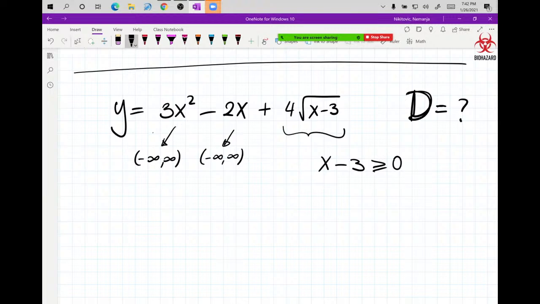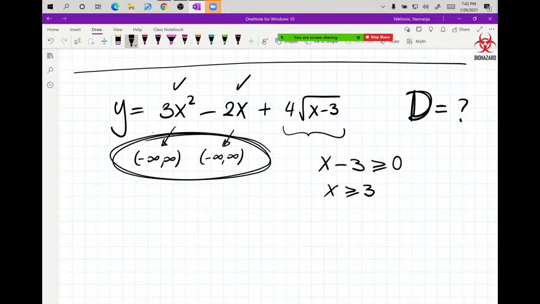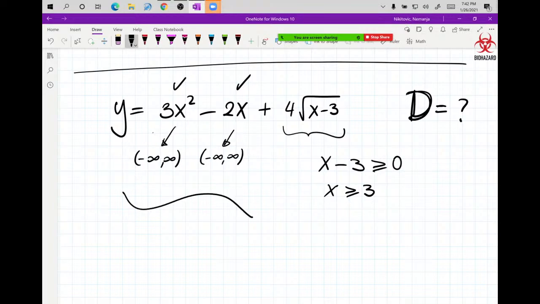And you move 3 to the other side, x larger or equal than 3. So the first two functions that are part of this big function are okay with everything. This one can only operate if you give it a number 3 or bigger. So when you combine all 3 together, the domain is 3 to infinity, the most restrictive one. That's it.